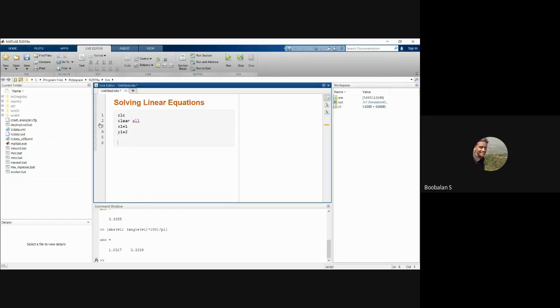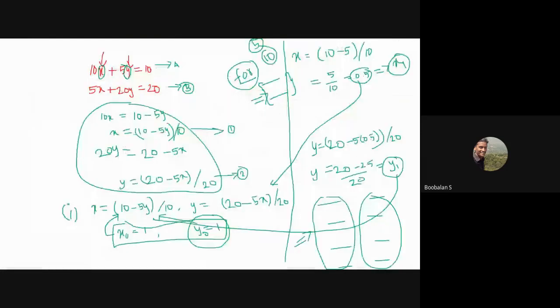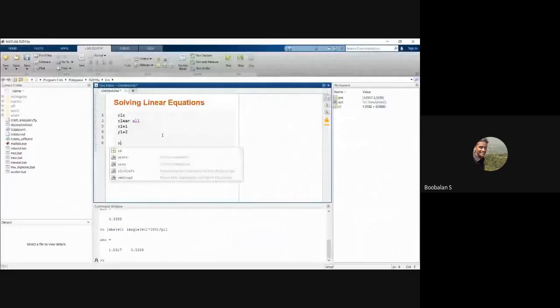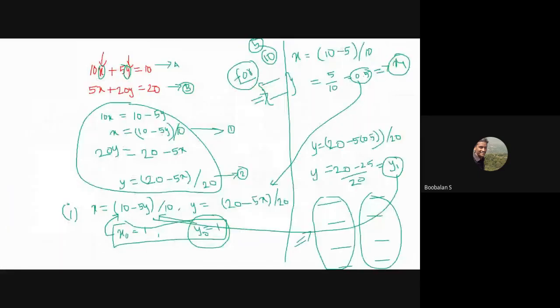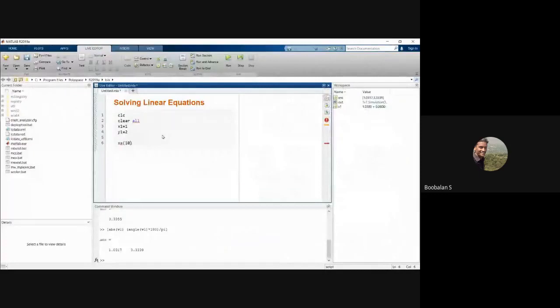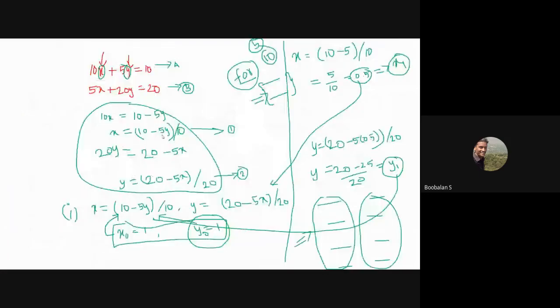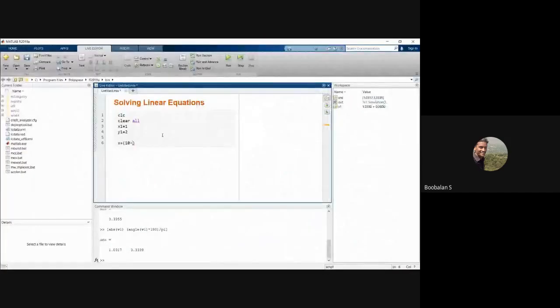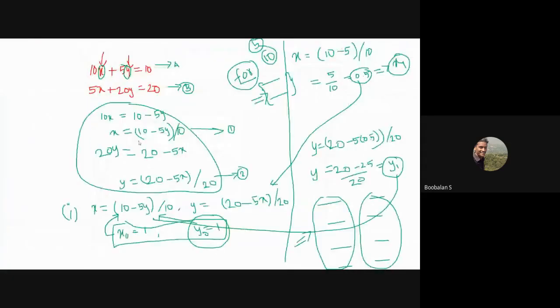So x equal to 10 minus 5y, that is x, right? We'll just type the entire equation and modify it later: 10 minus 5y, whole divided by 10.